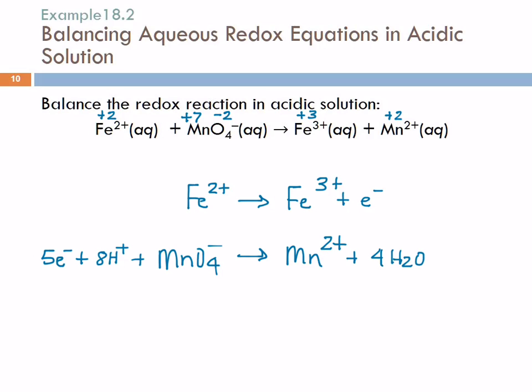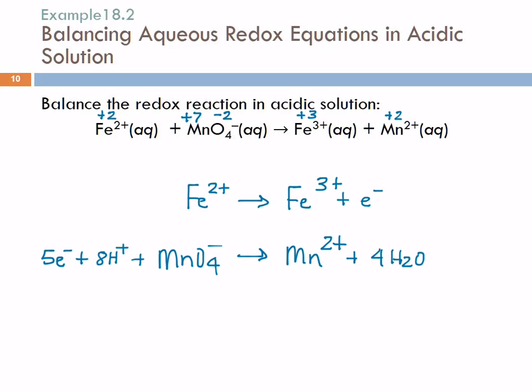Now what do we need to do? To add these together and get the electrons to go away, we have to have the same number of electrons in each of these half reactions. So we've got 5 down here and only 1 up there. So we need to multiply this reaction by 5.